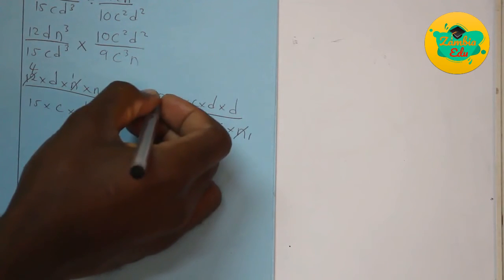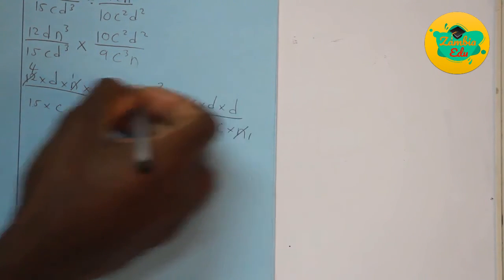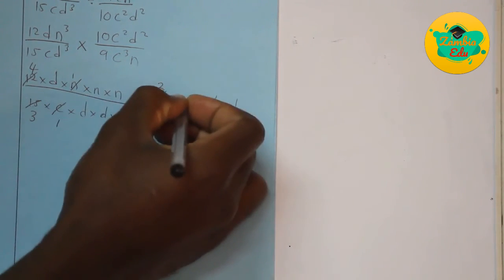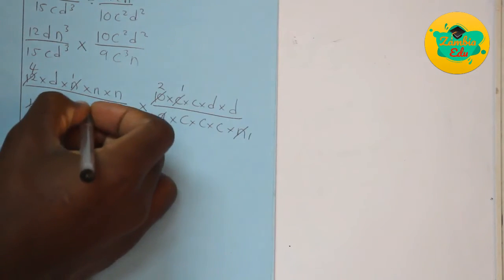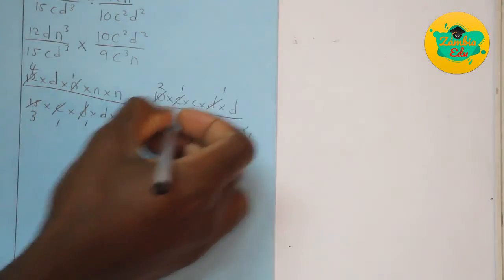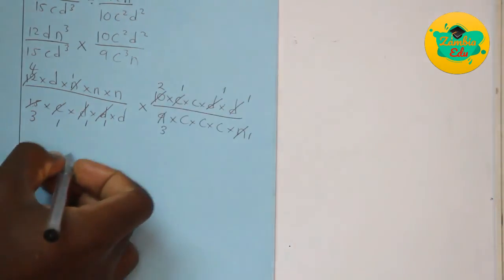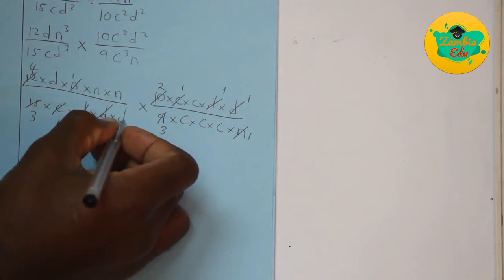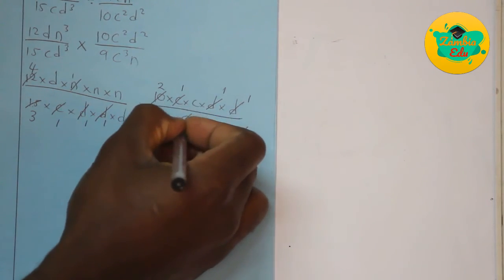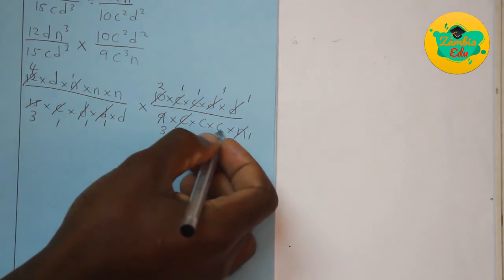We have 10 and 15, there's the 5 common, so 5 there, 2, 5 there, 3. C there, 1, C there, 1. D there, 1, D there, 1. D there, 1, D there, 1. So we have a D remaining there. Okay, so on this one, you can even say C there, 1, C there, 1. So we have 2 C's remaining there.